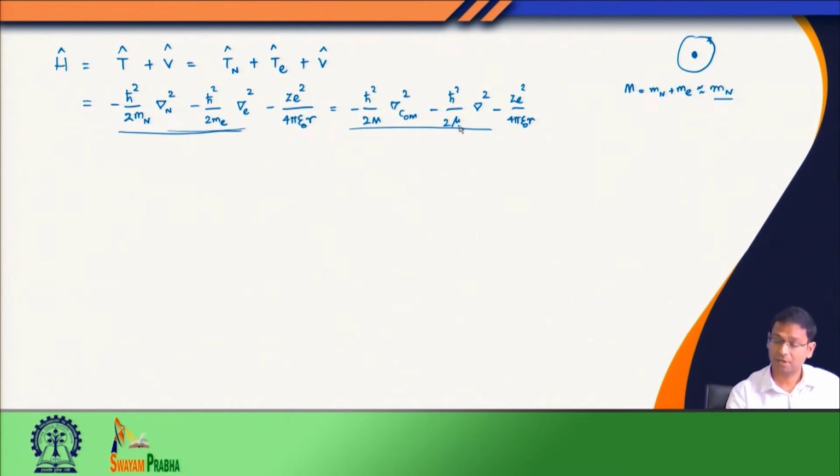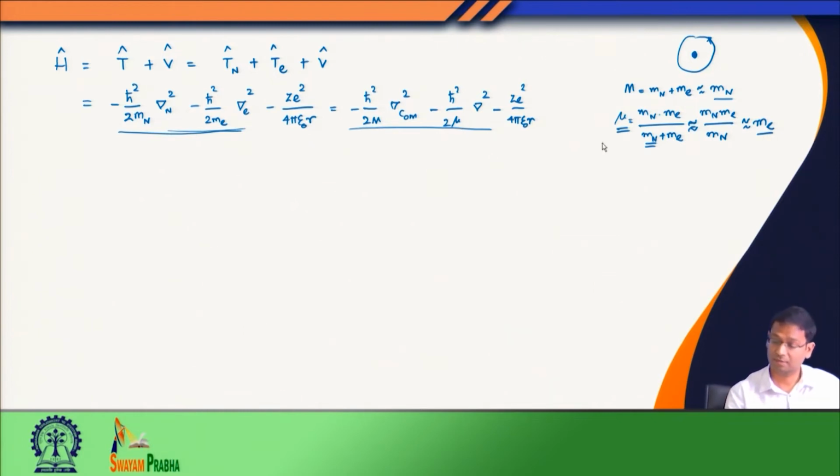The second term has mu, which is the reduced mass, defined as mn into me divided by mn plus me. So, when you see mn is so large compared to me, this term can simply be approximated as m of n, and the reduced mass is nothing but the mass of the electron.